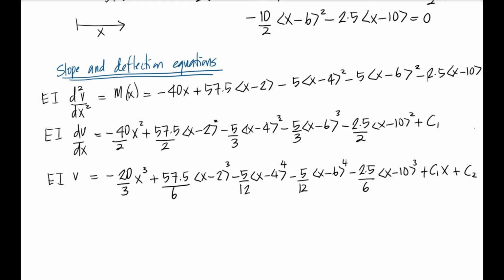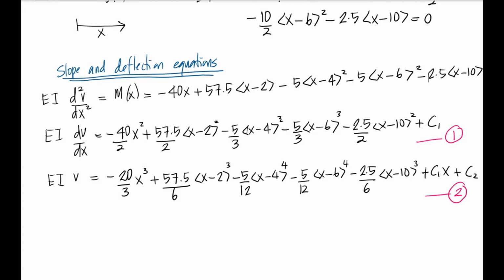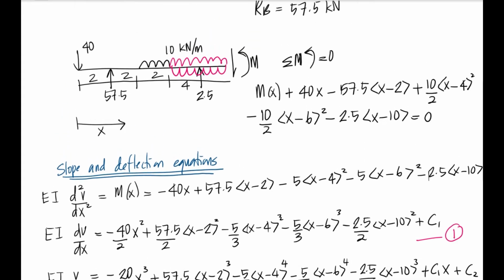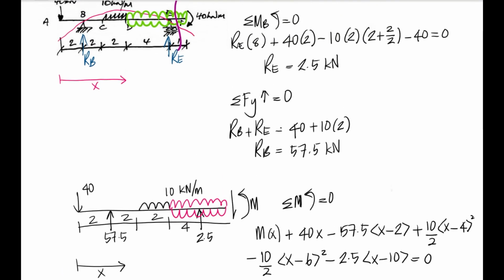In this case we only have two equations. Now we need to solve for the unknowns c1 and c2 by applying boundary conditions. Let's take a look at the problem figure.